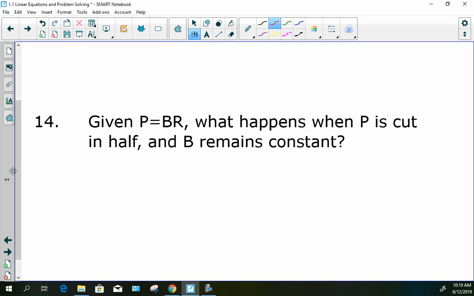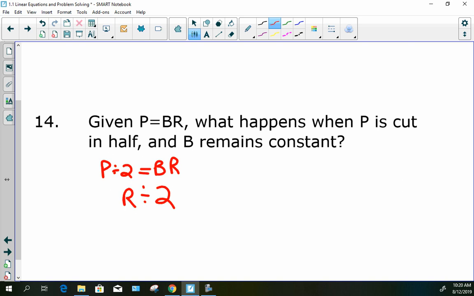What happens when p is cut in half? So p divided by 2, that's how you cut in half, equals, b is going to remain the same, so what's going to happen to our r? Opposite sides, right? So what do you do? Opposite sides, you do the same. So r is going to be divided by 2.